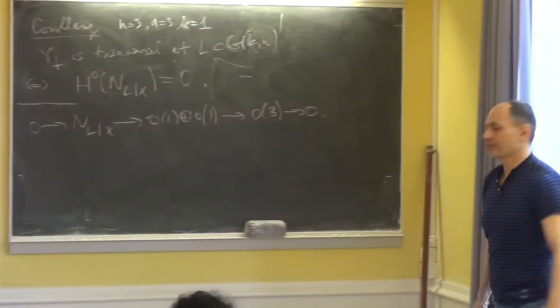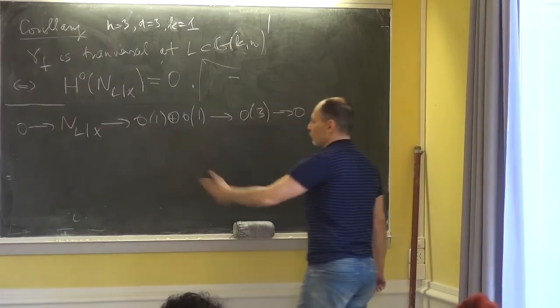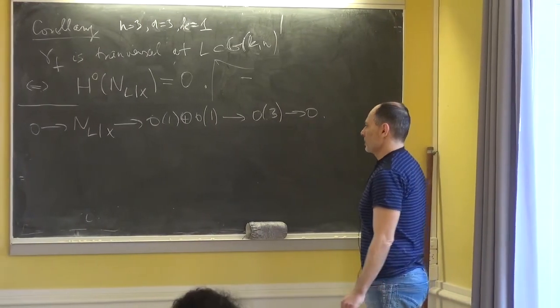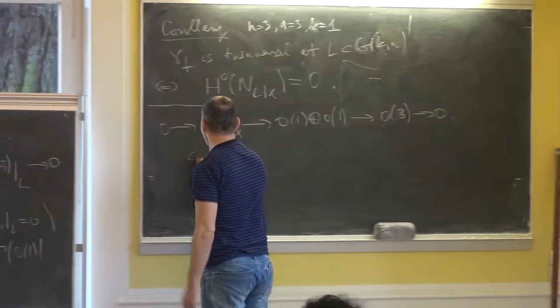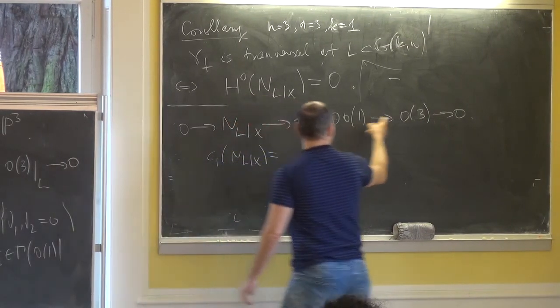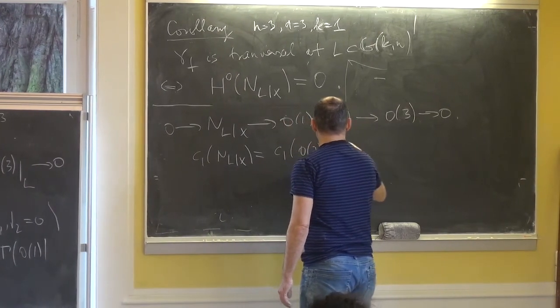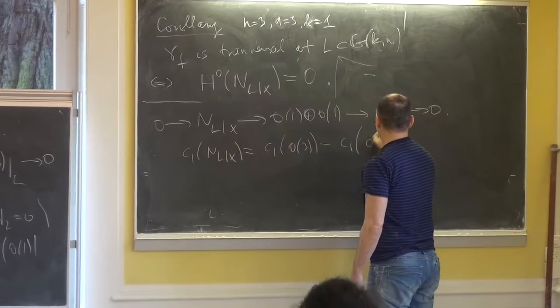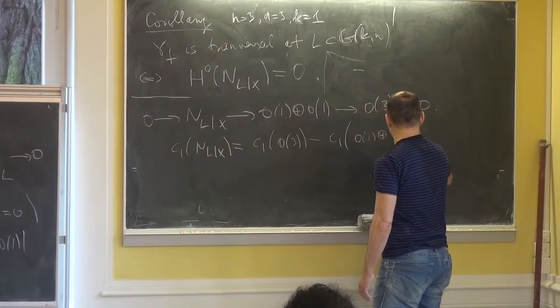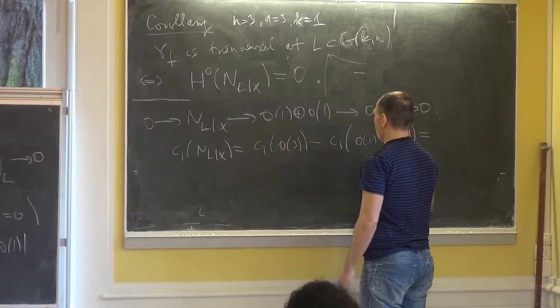That's what we got. Okay, and so now it's really easy because you just calculate the first Chern classes, which are actually additive. So we know that C1 of N L X is just equal to C1 of O3 minus C1 of O1 plus O1. And this is, of course, sorry, the other way around.